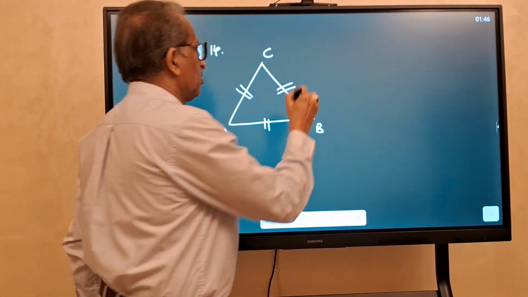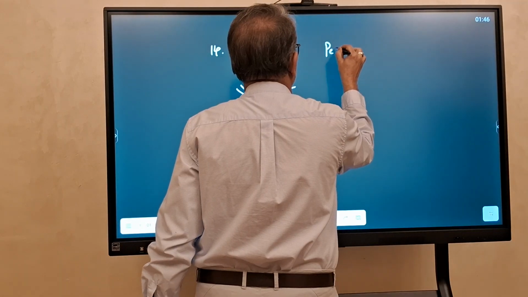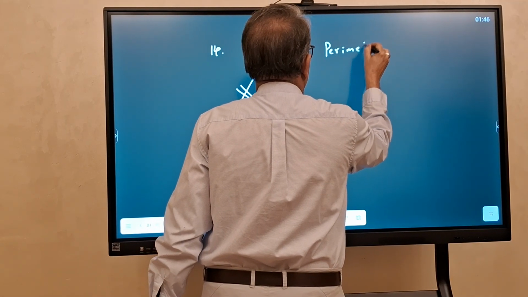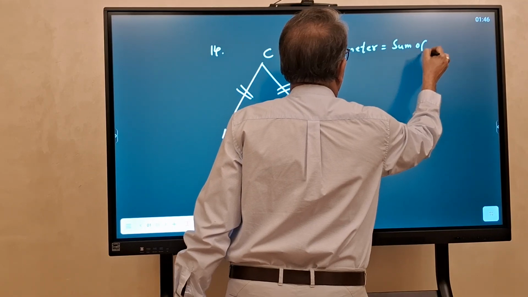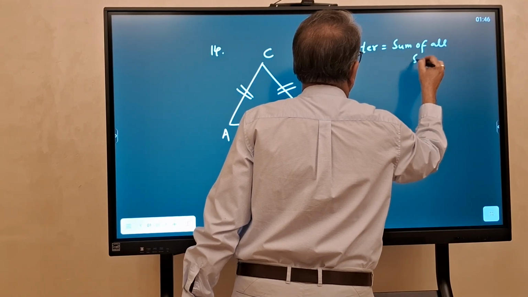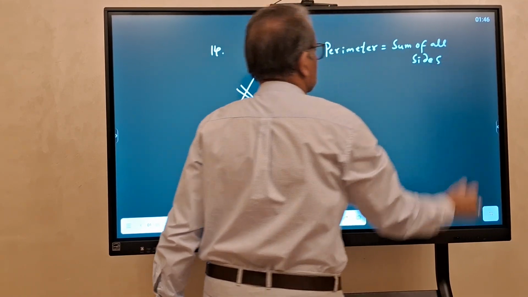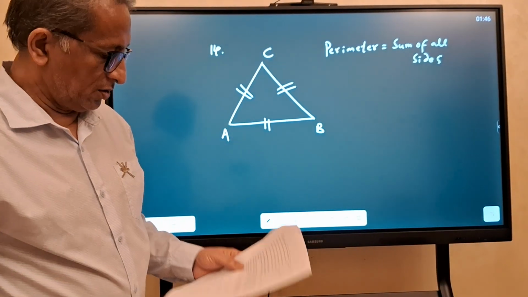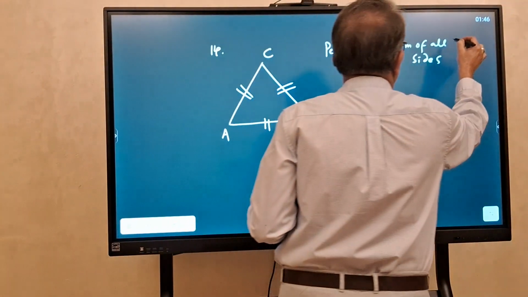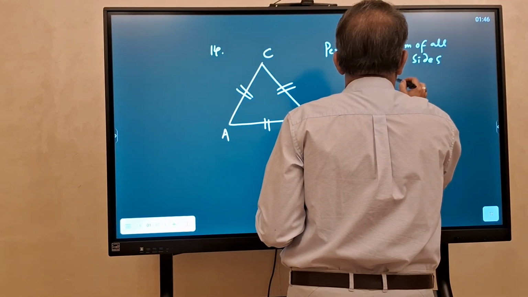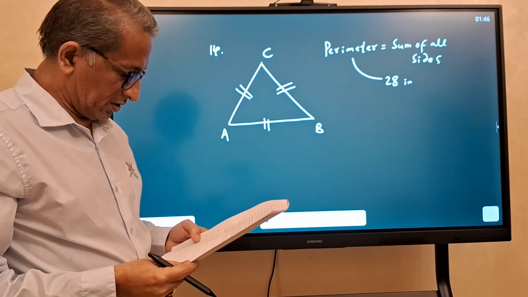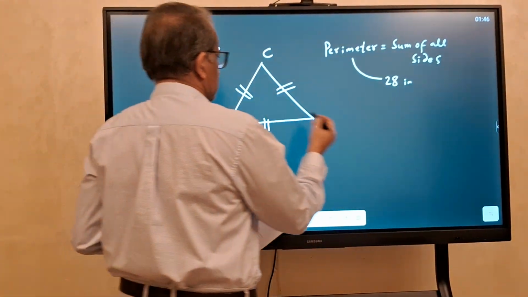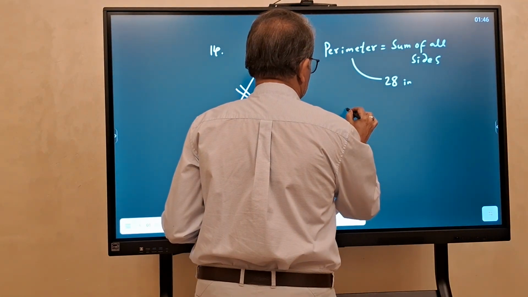So what is the meaning of perimeter? Remember, perimeter is the sum of the lengths of all the sides, which is given here. It is 28 inch. What else is given? Let's say the first length is x.